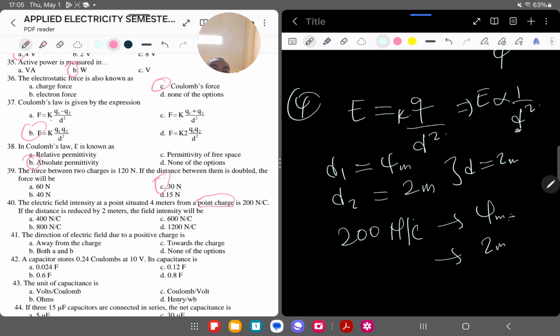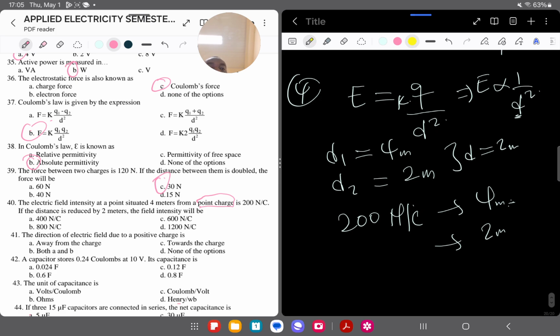Again, by looking at this formula, you can see that if I increase the distance, this thing will reduce. The electric field intensity will reduce.